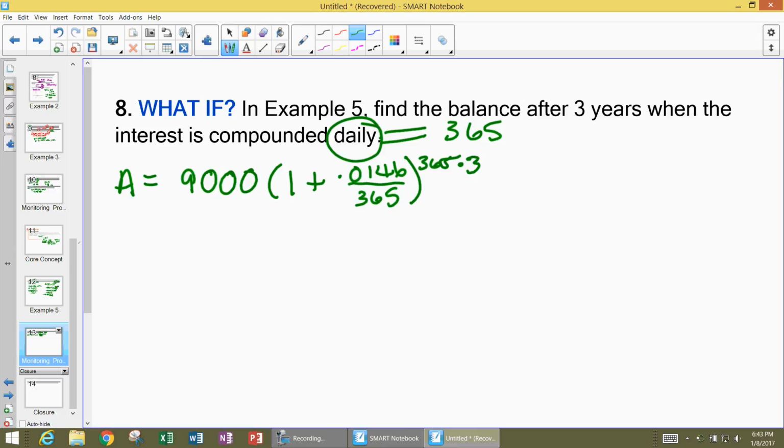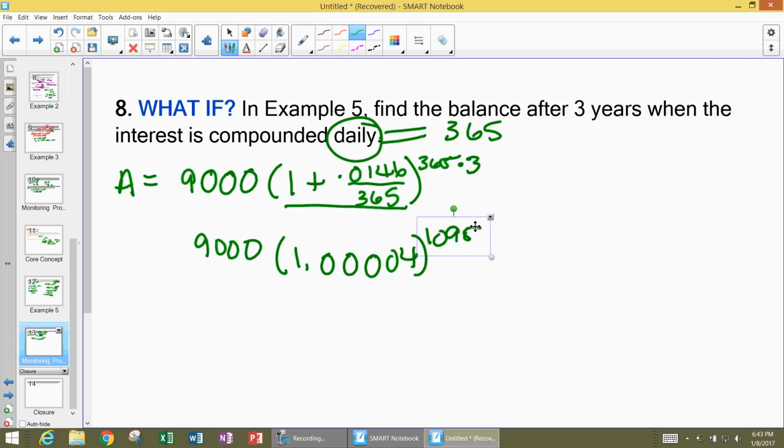So we're going to divide this by 365. If I take what's inside the parentheses here, 1 plus 0.0146 divided by 365, this will give me 1.00004. And 365 times 3 will give me 1,095.